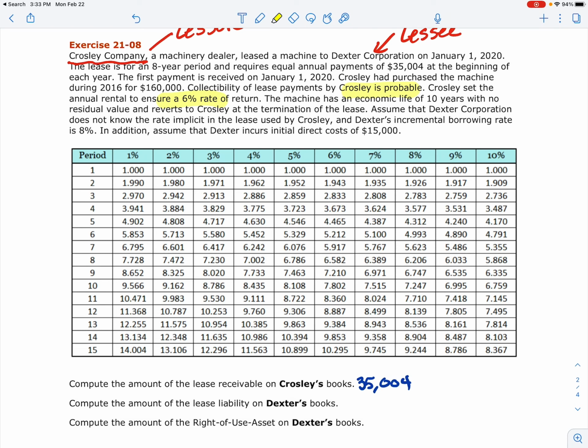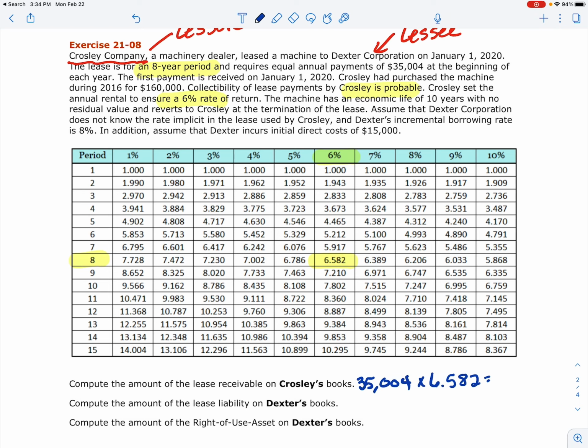So I know that I'm looking at 8 years, because it's told me that this lease is an 8-year period. And I know that rate that I'm looking at, I already highlighted, is 6%. So I'm going to find that 6% and see where those meet. That gives me a rate of 6.582.